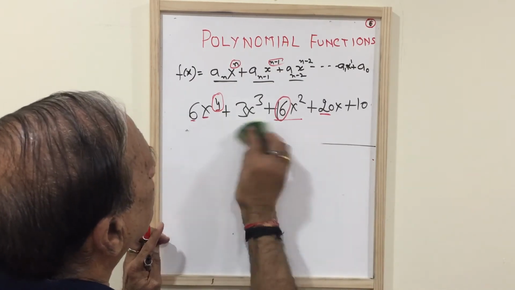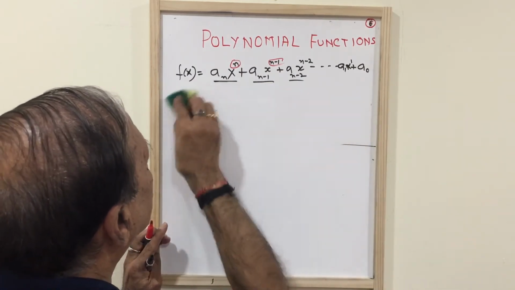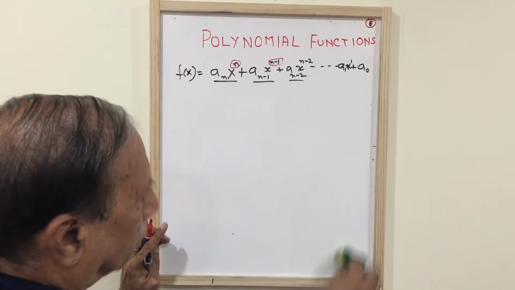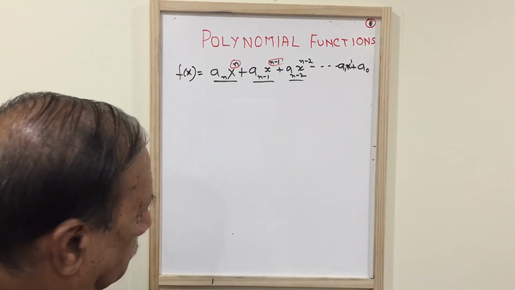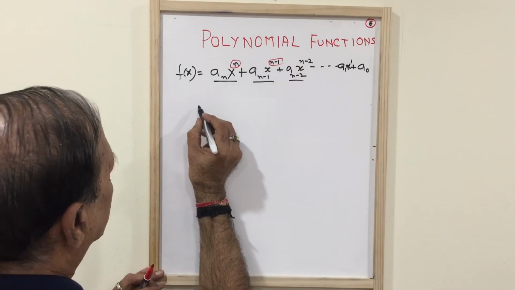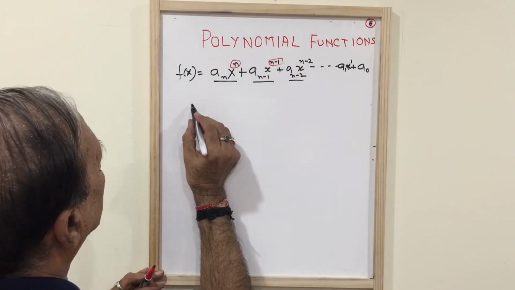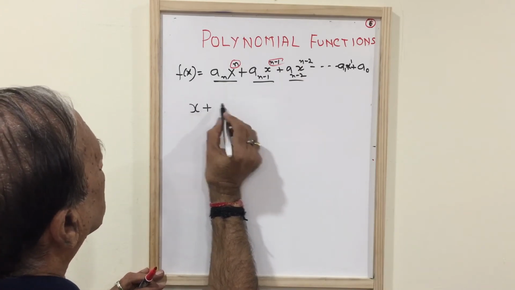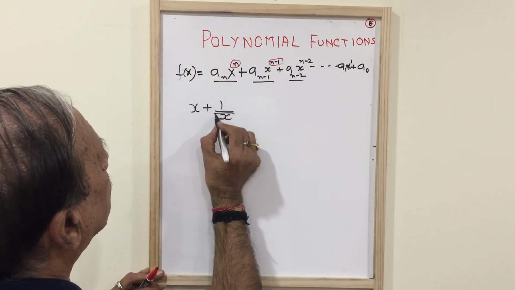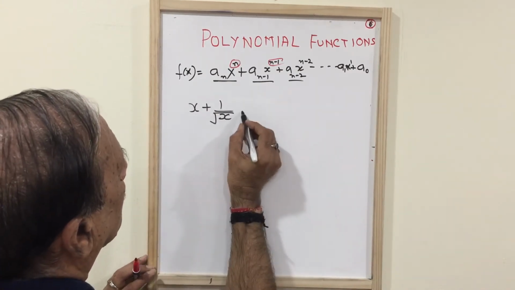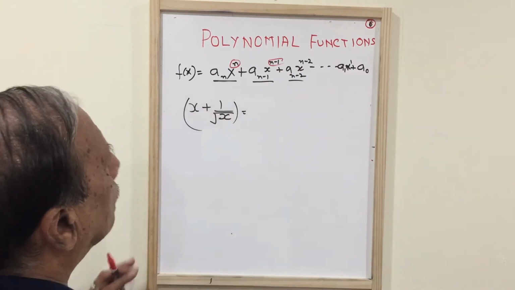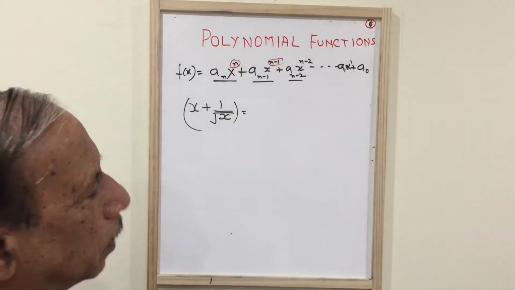I'll take one more example. Suppose I write x plus 1 over under root x. So is it a polynomial? We have to see.